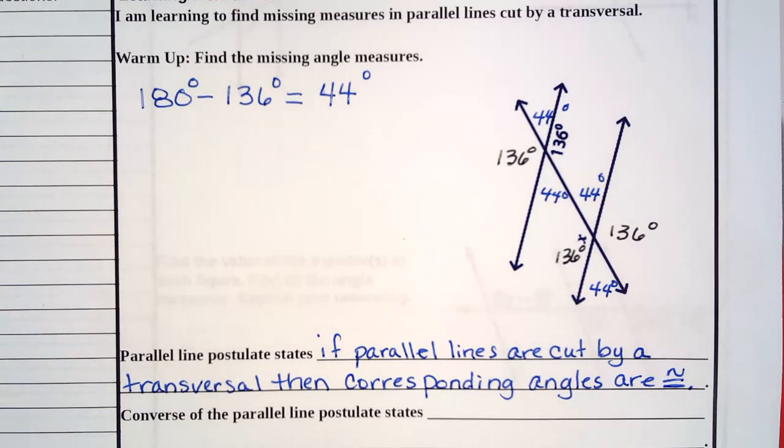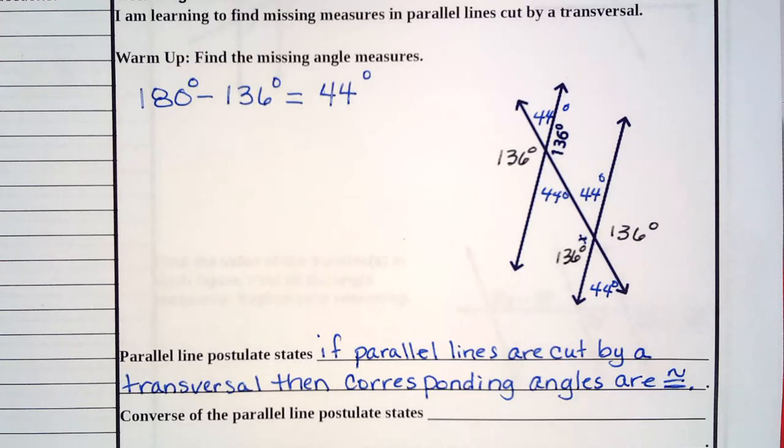Probably should have used the symbol for parallel on the first line, but that's okay. So if parallel lines are cut by a transversal, then their corresponding angles are congruent. The converse switches the hypothesis with the conclusion. So we start out, if corresponding angles are congruent, then the lines cut by the transversal are parallel.